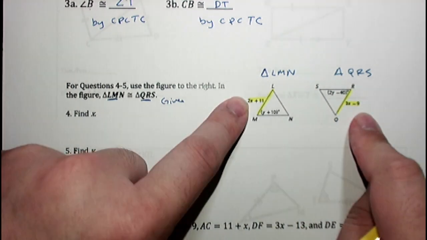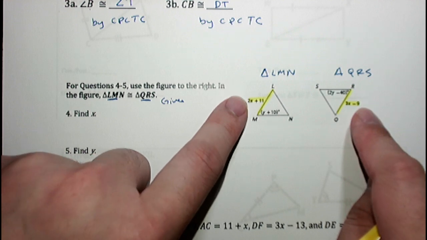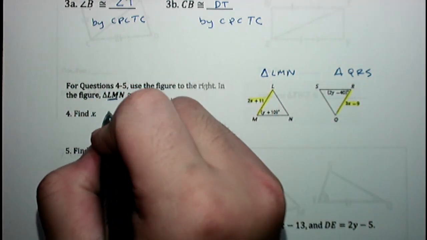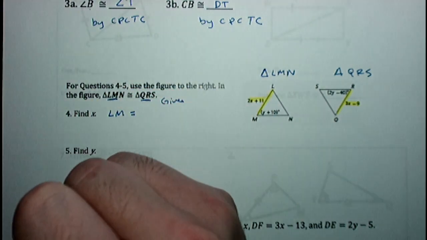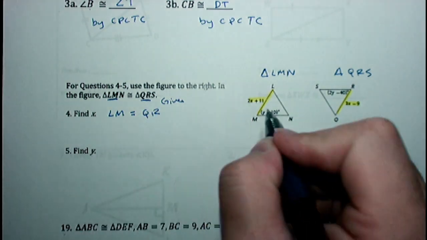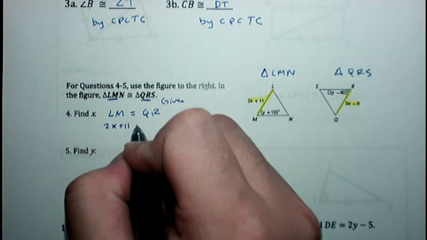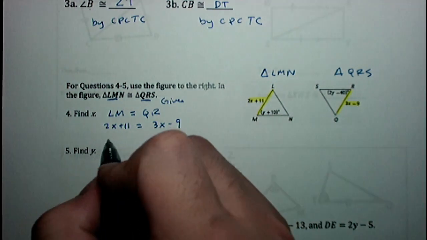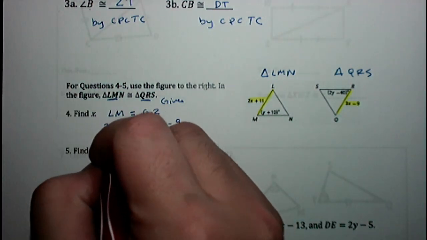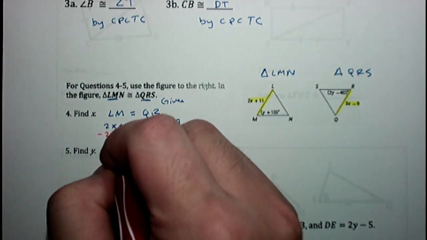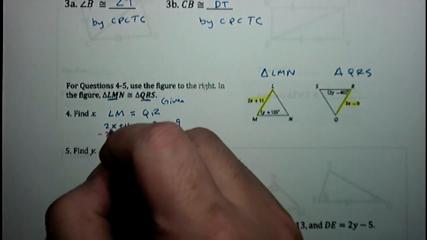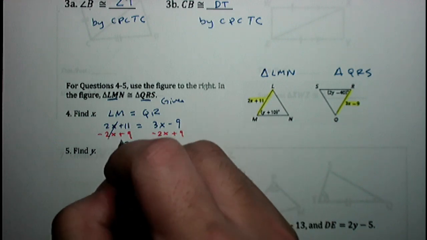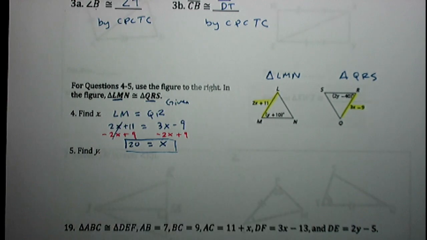And those two side lengths have those x's. So I can say that LM is equal to QR, and LM is 2x plus 11, which is equal to QR, which is 3x minus 9. Then I'm going to go ahead and apply algebra. So I should get 20 equals x. So x is equal to 20.